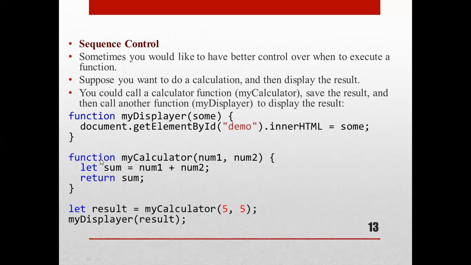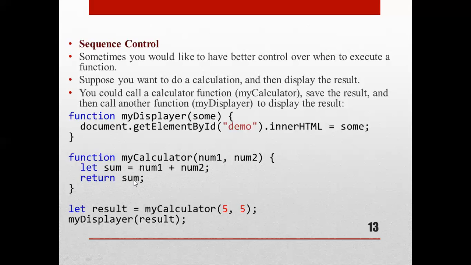We have another function, myCalculator, with parameters num1 and num2. In this function we add the numbers: let sum equals num1 plus num2, and we return that sum. Then we close the body of the myCalculator function. We are going to save the result into sum.